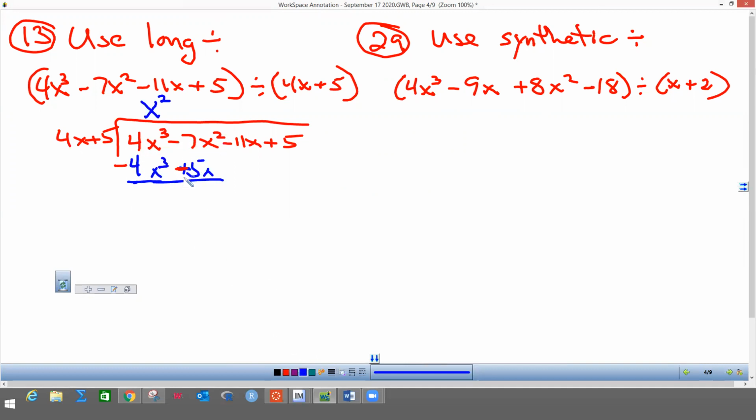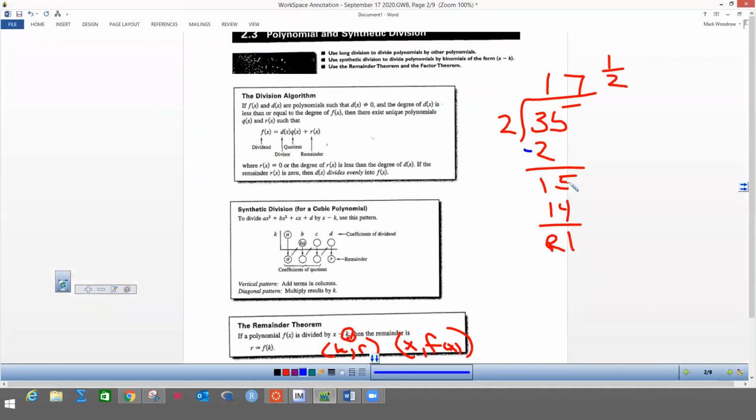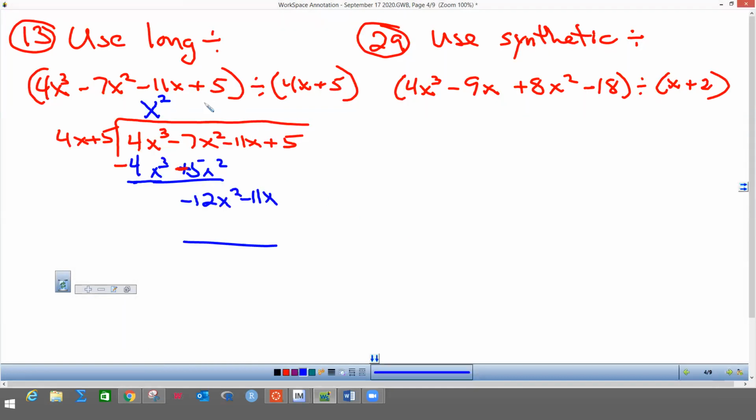And then I got negative 7x squared minus 5x squared. I should have had an x squared there because that was squared. And negative 7 and negative 5 is negative 12x squared. And we bring down the next number just like we did back over here when we brought down the 5. So now we ask ourselves, what times 4x will give me negative 12x squared?